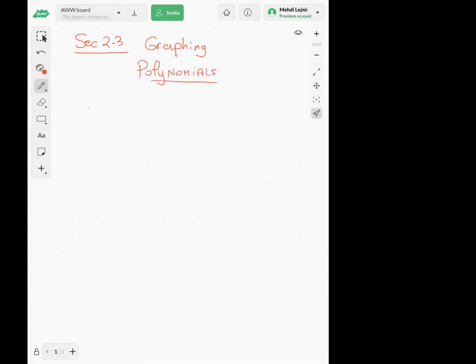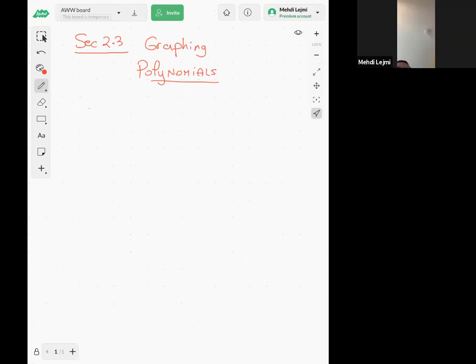The leading coefficient, is it the first number or the largest number? No, the leading coefficient is the coefficient in front of the highest power of x. So in general, it's the first number, the number in front of the highest power of x.